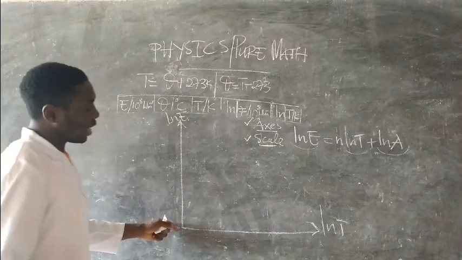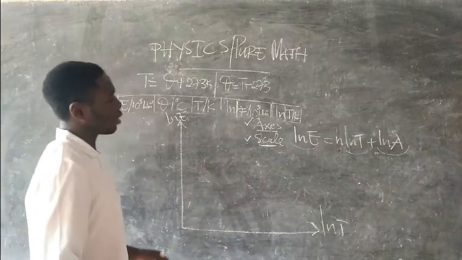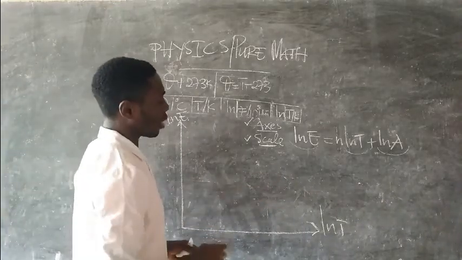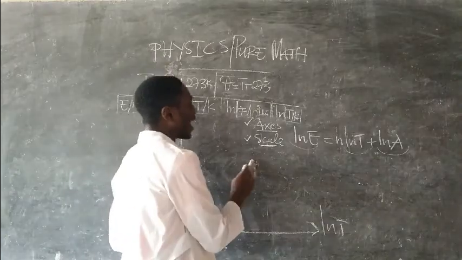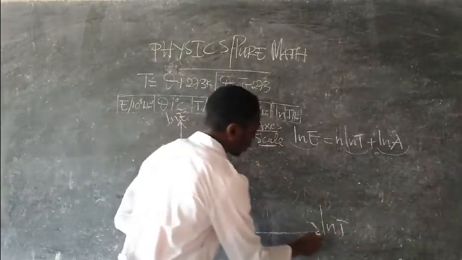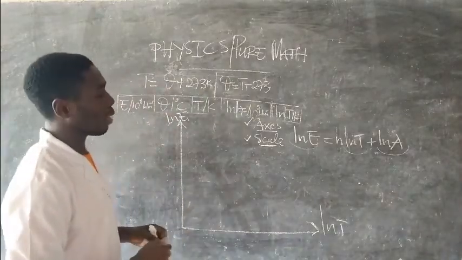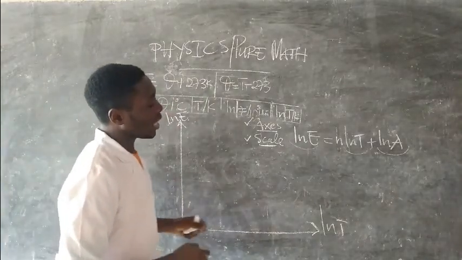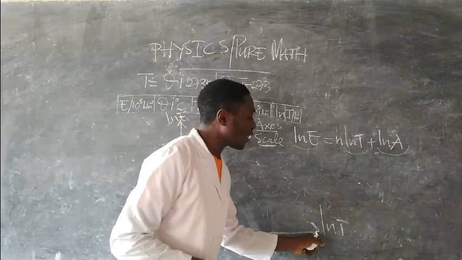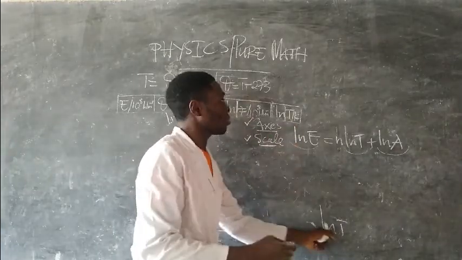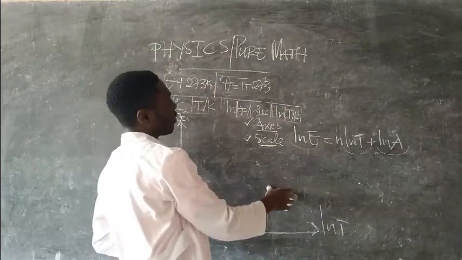Now the next thing that I do is take the highest value. Please take note. On the horizontal scale here, you might have something like 18 squares. So what I do is take the highest value of ln t, which I find on my table, because we are going to have the table of ln t here.